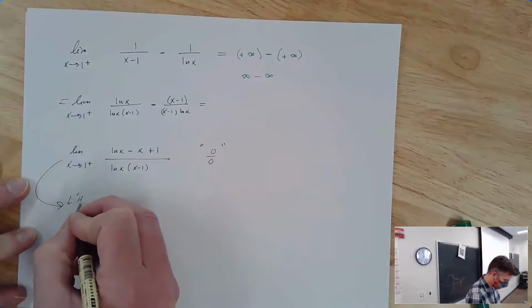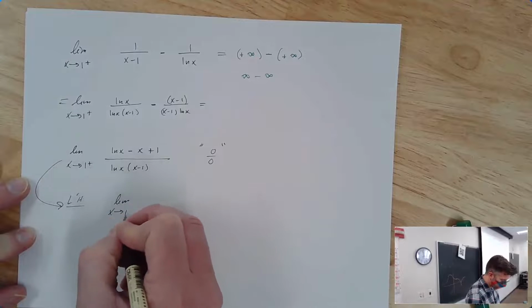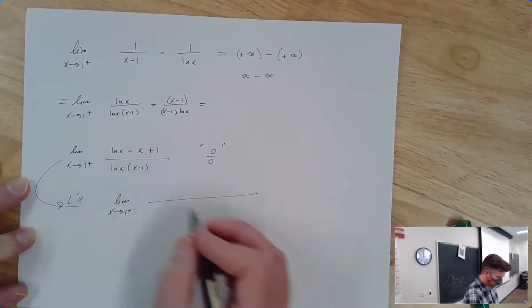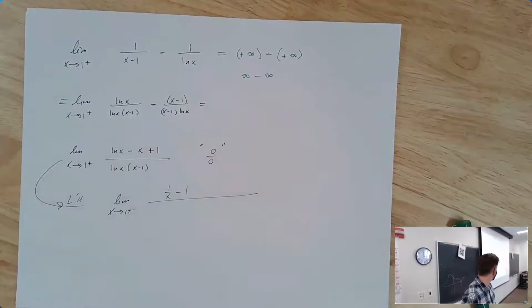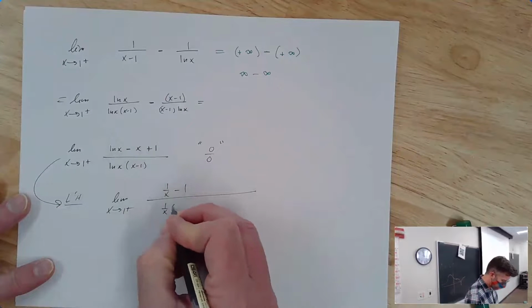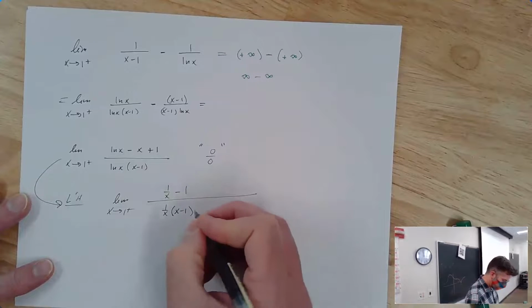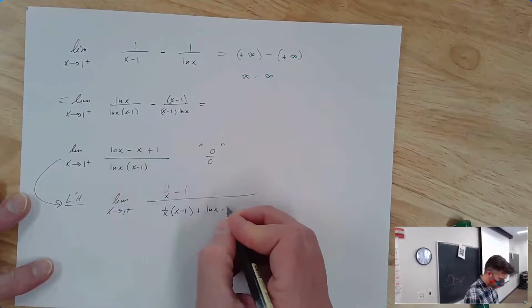So now we're going to use L'Hopital's rule, and we're going to get the limit as x goes to 1 from the right. So I'm going to do the derivative of the top, which is 1 over x minus 1. And for the denominator, I have to use the product rule. So the derivative of the natural log of x is 1 over x times x minus 1, plus the natural log of x times the derivative of x minus 1, which is just 1.